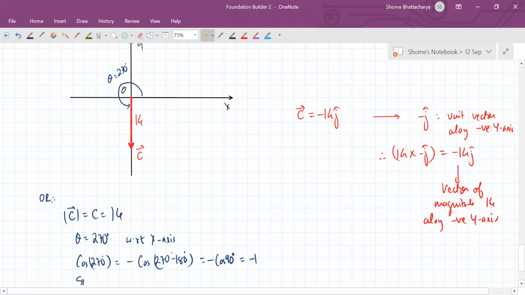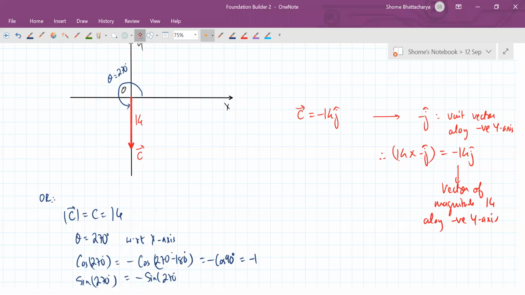And sin 270 minus of sin, sorry, this was correct.